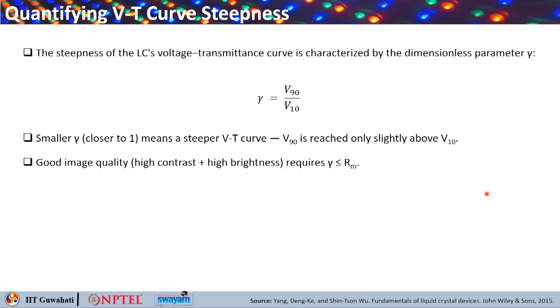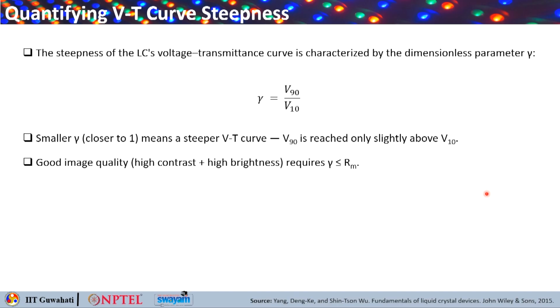So the key design criterion, which we'll see in the next slide, can turn into a concrete row count formula also. For a passive matrix display, to achieve both high contrast and high brightness simultaneously, we require gamma to be less than or equal to Rm, that is the maximum achievable voltage ratio.